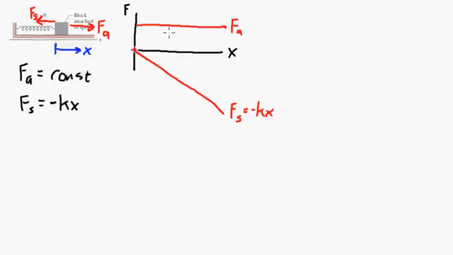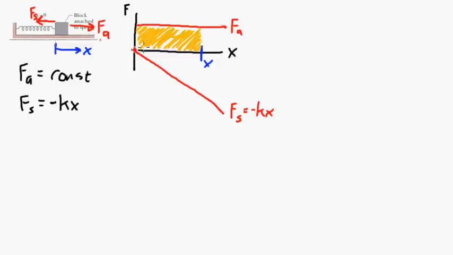So what we can do is find the work done by each force by looking at the area under these curves. For example, we go out to some point, we'll call this point x. This is where the block is extended out to. Let's let orange be the work done by the applied force, and that's going to be the area of this region, right up to the blue line.